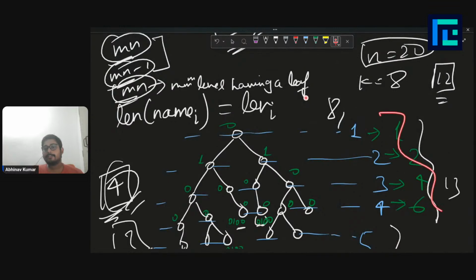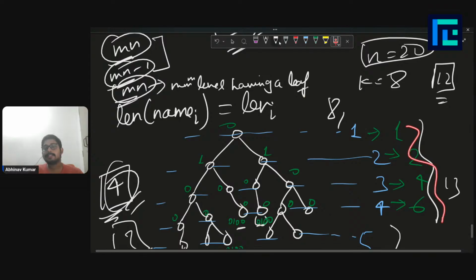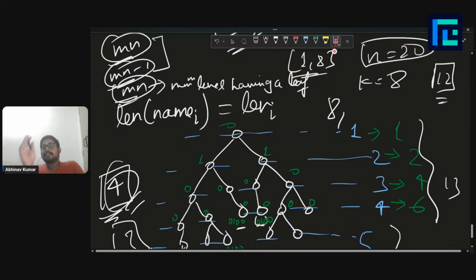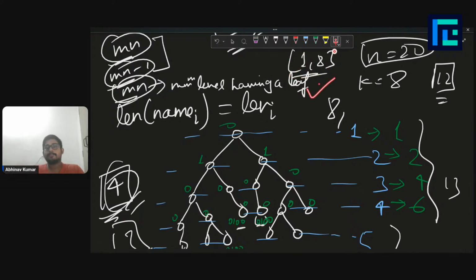So here either we can have 8 zeros, or 7 zeros and move 1 there, or 6 zeros, or 5 zeros, or up till 8 minus 7, 1, 0. So if any subset can sum up in the range from 1 to 8, if we get any one sum in the range from 1 to 8, then we can say it is possible.